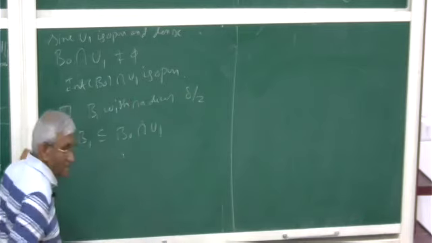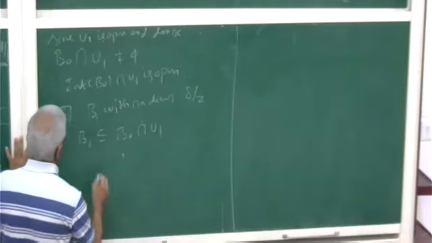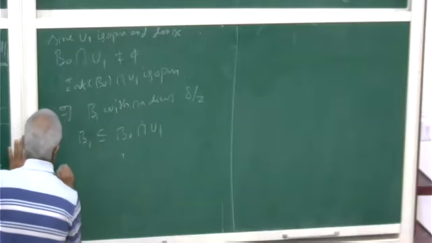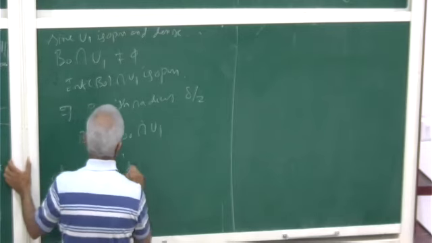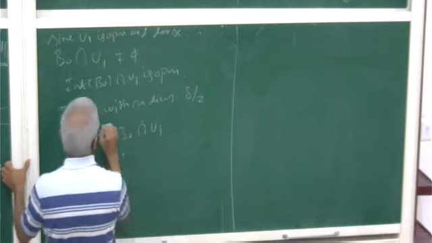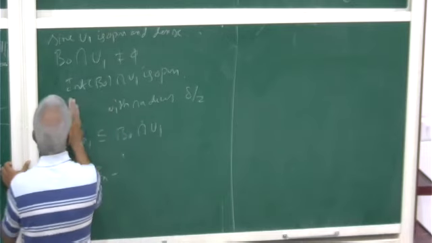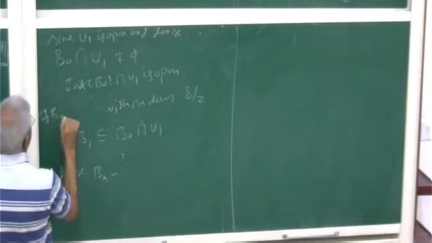Exactly, you go on like this. From Un you go to Un plus 1. So choose Bn, a closed ball. B1 is a closed ball.